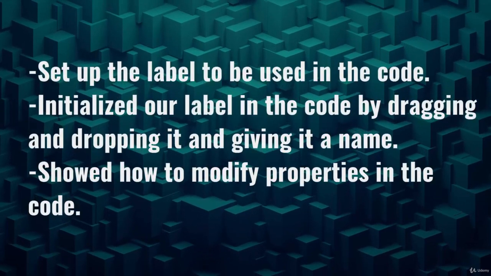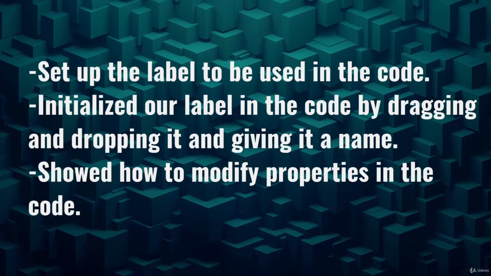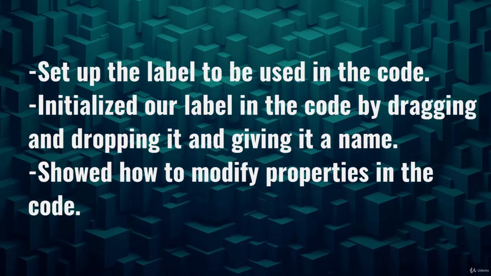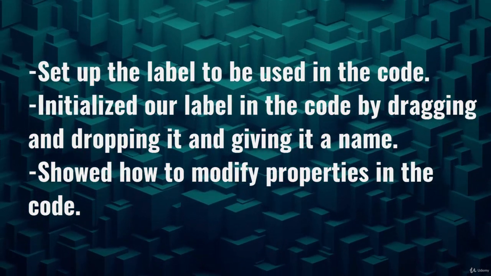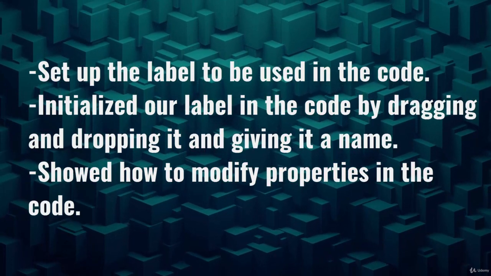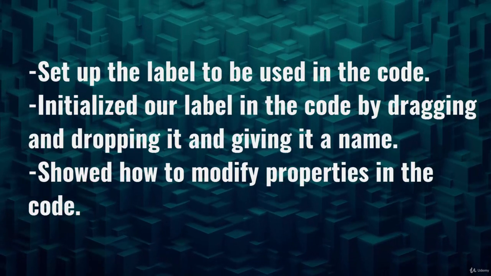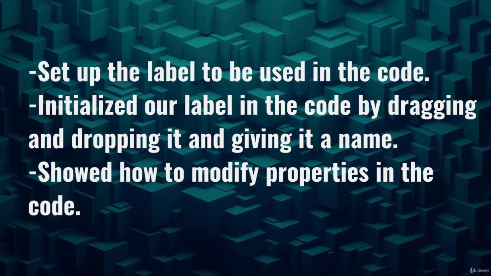So now we have our label set up to be used in the code, and this way we can actually call its name and modify certain elements in the code itself. So we initialized our label first by dragging it and dropping it from the main.storyboard, so the layout. We dragged and dropped it right into the code itself, into the viewController.swift, and we were prompted to give it a name, so we did.